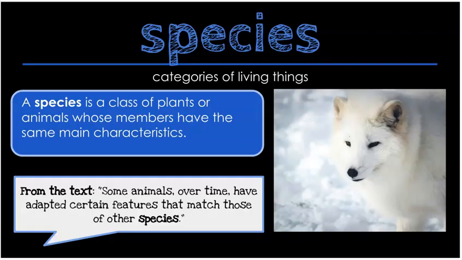In the picture, we see an Arctic fox. There are various animals that live in that region that change colors to match the environment. The fox turns white when there's snow, and actually the fur changes colors to brownish when the snow is not there.